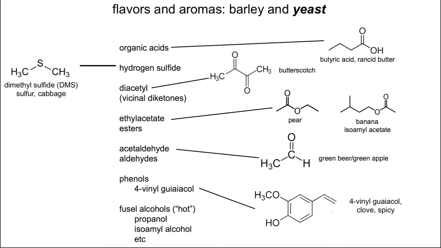Moving on, diacetyl is almost always considered a negative, except for some British beers, particularly BJCP categories 13 and 14. Remember that BJCP stands for Brewing Judge Certification Program, and that's our standard list of beer styles that we refer to in this course.